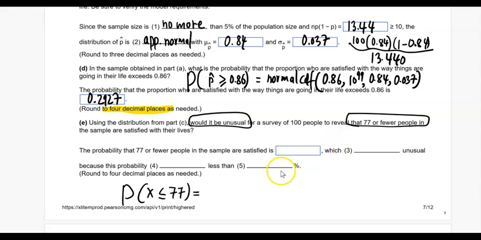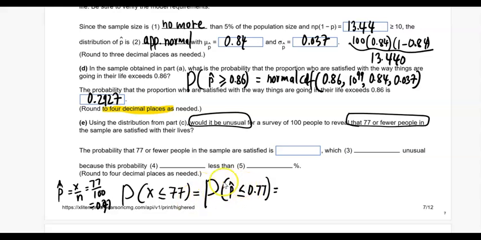Remember that this is the number of individuals with the given characteristics, but I have to change this x to a proportion. Notice that p hat equals x over n, or 77 divided by 100, which is 0.77. So this is the same as the probability of p hat less than or equal to 0.77.